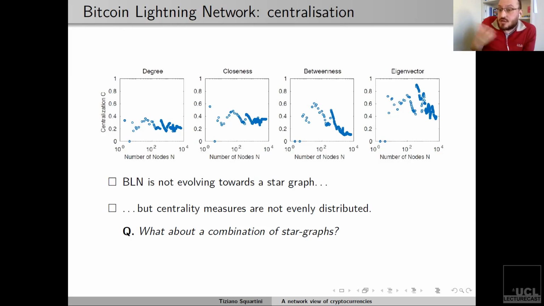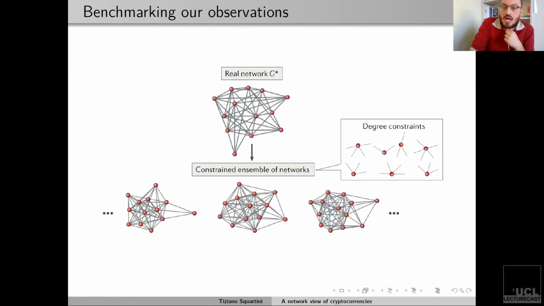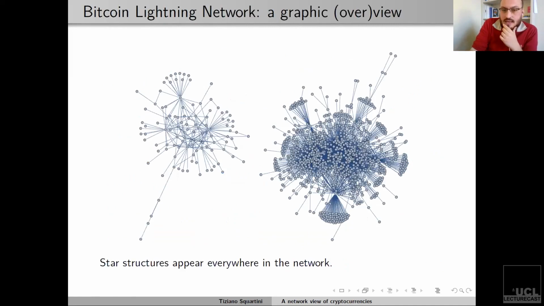However, the Gini coefficient still rises. So how can we reconcile the result from the Gini coefficient that tells you that there is increasing unevenness and the result of centralization that, however, tells you that you are not going towards a star graph? Well, I'm going to show this in a graphical way.